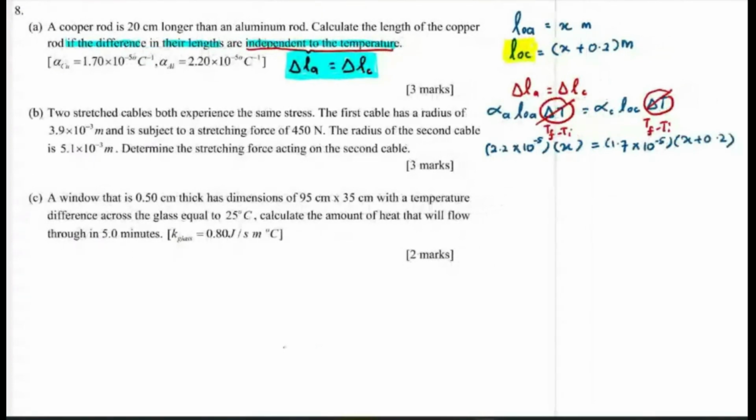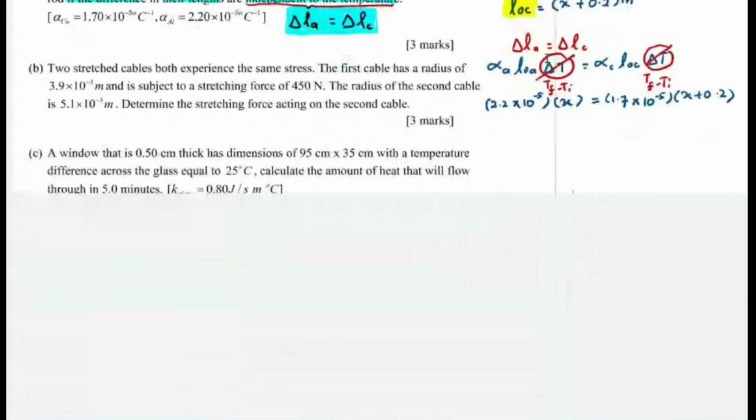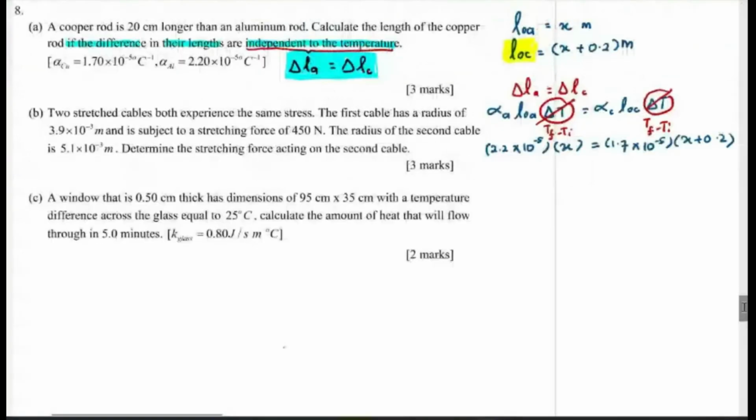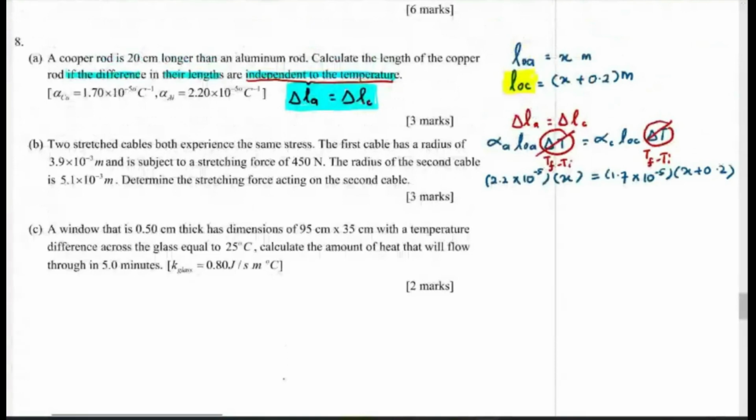Okay. So, kira dulu nilai X dulu. Berapa you dapat X? Sama tak dengan 10 negatif 5 darab X, 1.7 10 negatif 5 X plus 0.2.